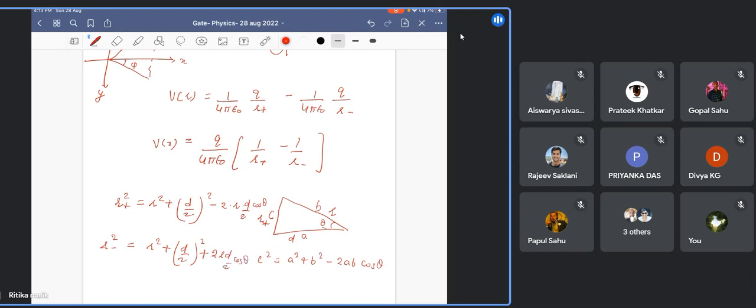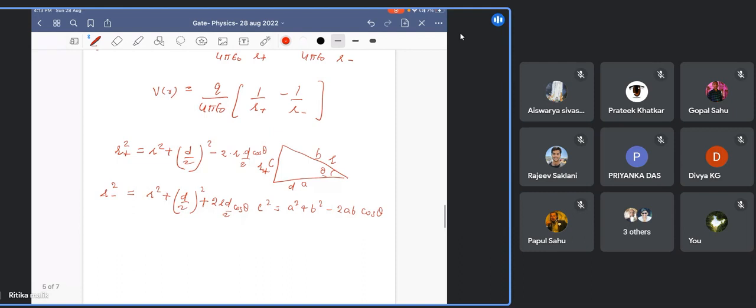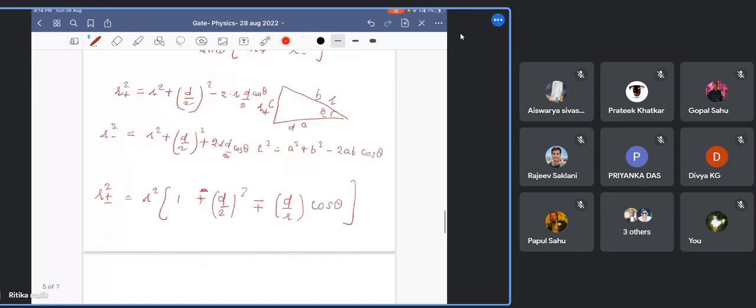So when we do these calculations, we can write r plus minus, taking both the plus and minus things together. We take r square out, and we have 1 plus d by 2r whole square, actually, sorry, it's a plus square, minus plus d by r cos theta.